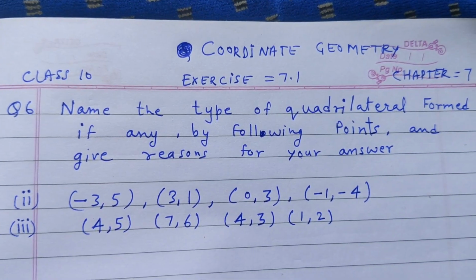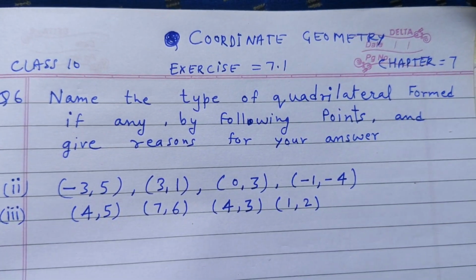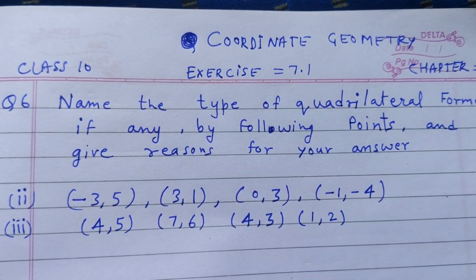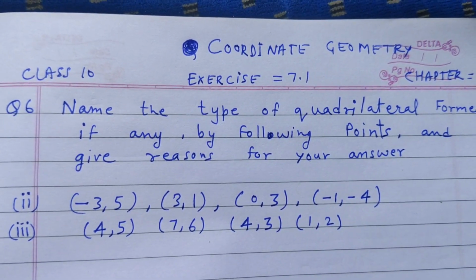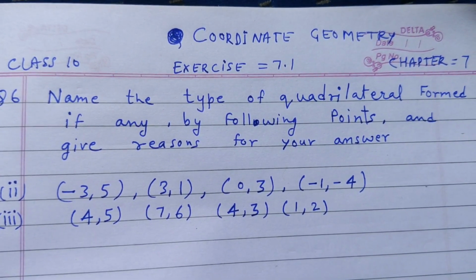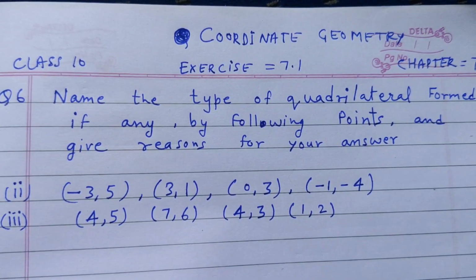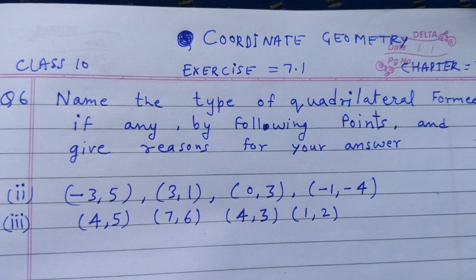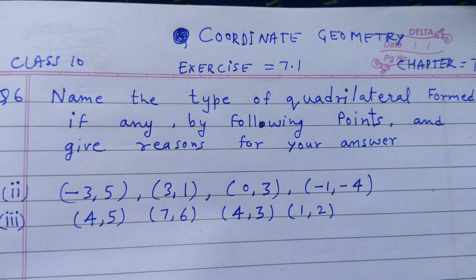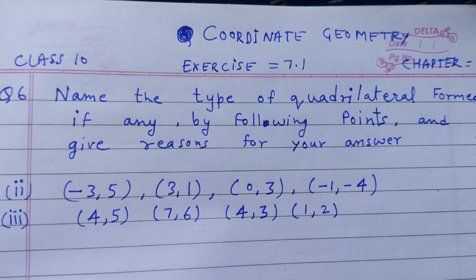Class 10th Coordinate Geometry, Exercise 7.1, Chapter 7, Question number 6. Name the type of quadrilateral formed, if any, by the following points and give the reason for your answer.